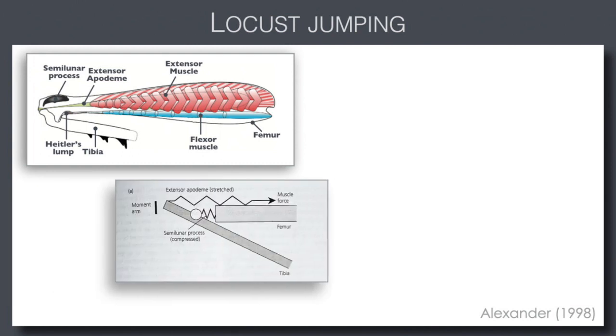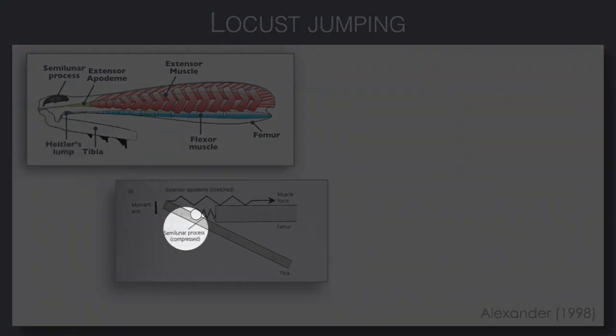The way this can be shown schematically, I know the geometry here is a bit unlike what's up here, but functionally, this is the way that it's thought to work. Essentially, that semi-lunar process, which provides elastic energy storage, also compresses.